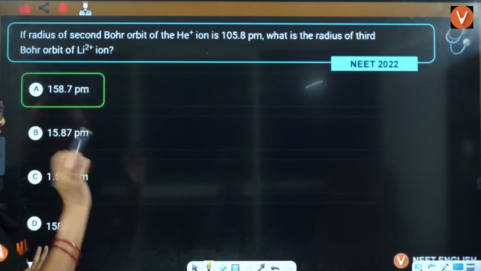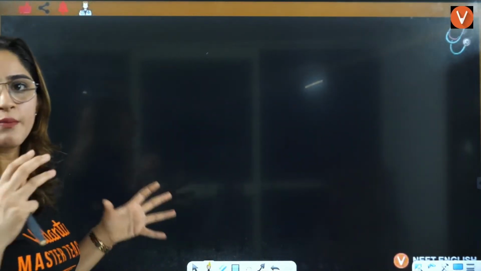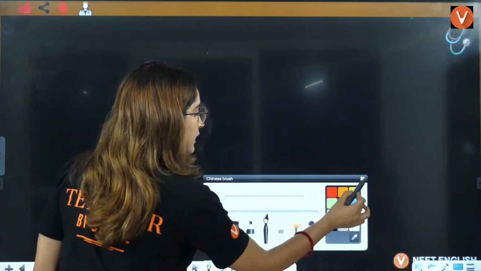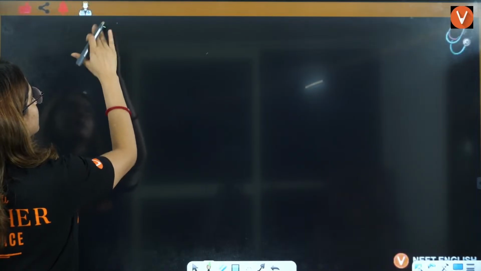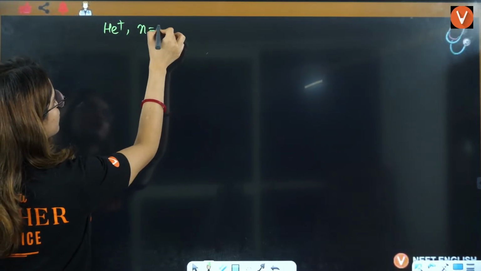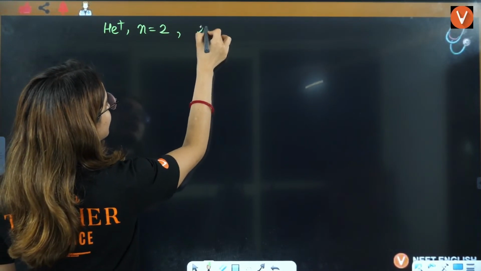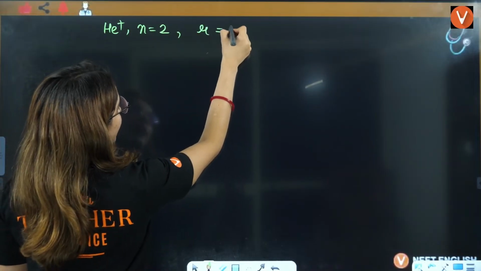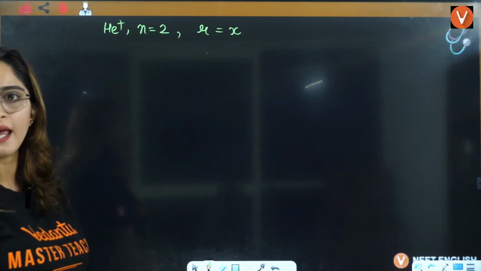But what if they give you a question in which they have not given some value here, right? For example, they are saying you have helium positive where n is equal to 2. Radius is coming out to be, let's say, x.